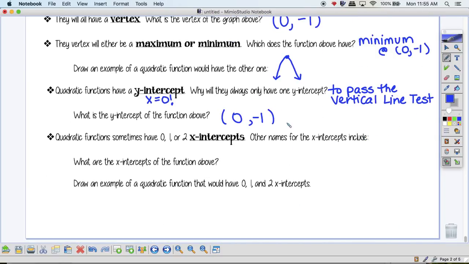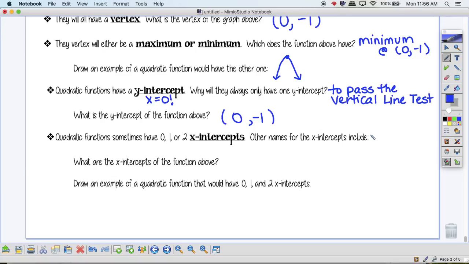Next, quadratic functions sometimes have 0, 1, or 2 x-intercepts. We are going to be talking about x-intercepts a whole lot in this class. You need to know some other names for x-intercepts. I might ask you for x-intercepts, but here's some vocab.